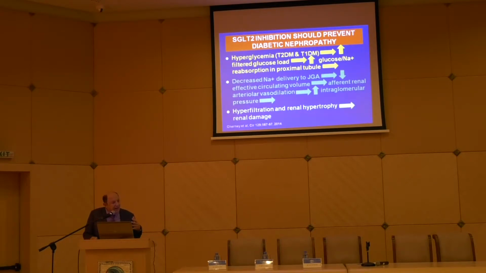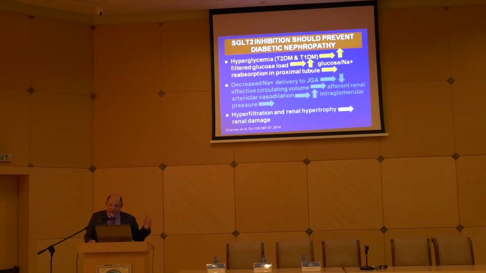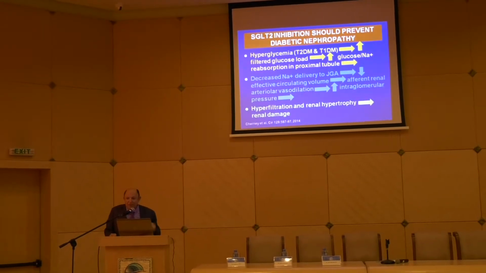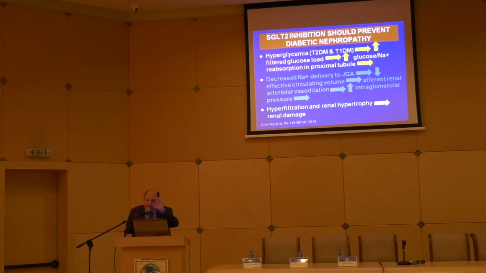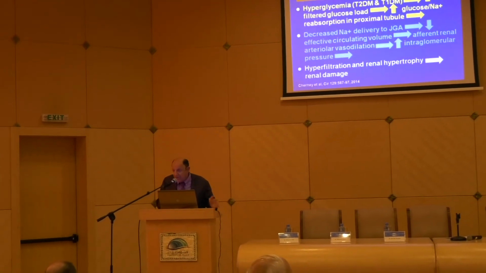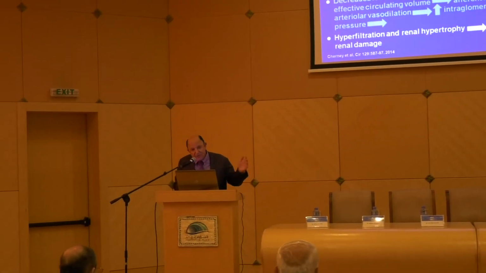It looks like it's being underperfused, and so it sends a signal to the afferent arteriole to vasodilate, and to the efferent vessel to vasoconstrict. And so we can intervene with ACEs and ARBs. They dilate the efferent vessel, and the SGLT2 inhibitors constrict the afferent. And this actually has been shown, and it's real. It's been shown in people as well.